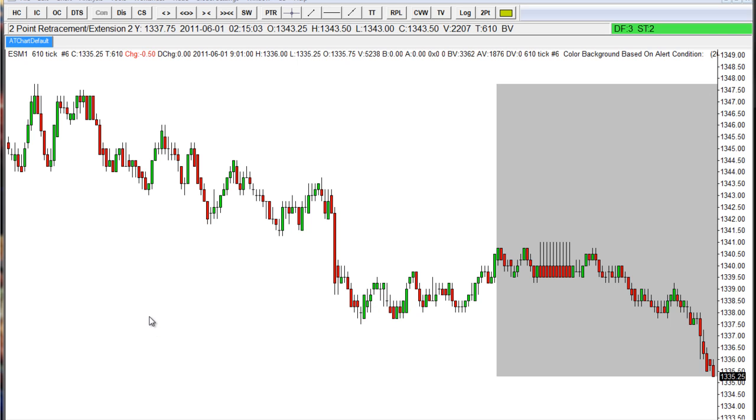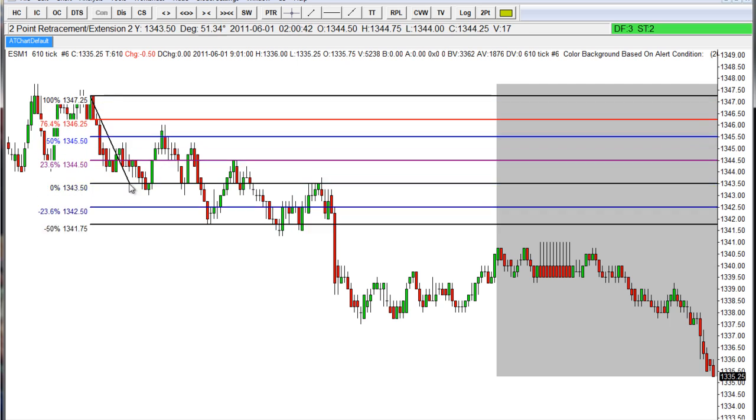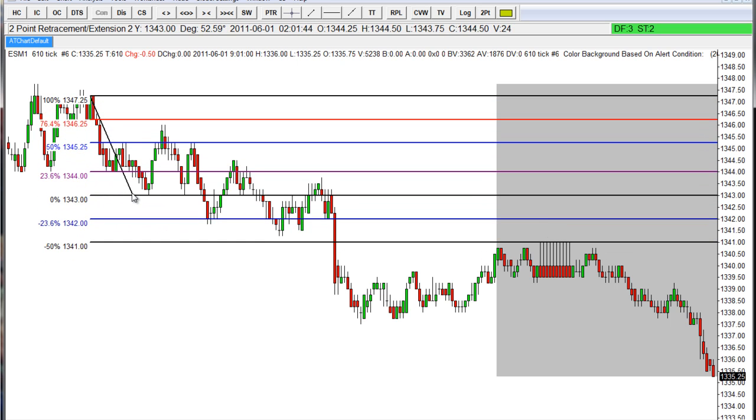So in this case for June 1st, what I would do is start the first bar on June 1st, which would be this red one right here, and start drawing my fibs. Okay, this one meets the criteria. It's at least 4 points wide, got to 50%, then went past the 0% line into -23.6 before retracing.